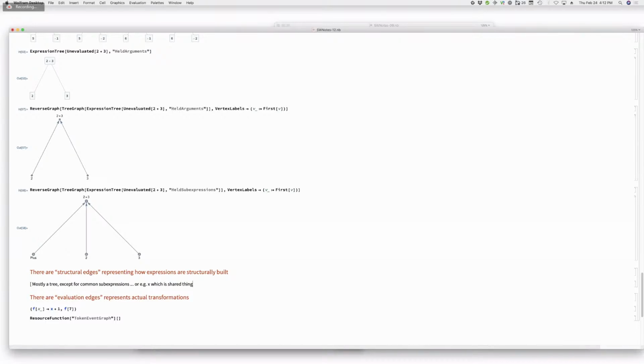In general, the 2 and the 3 would have been things that came from the evaluation of some other expression. So I don't know that the arrow is really pointing from a sub-expression into it so much as it's pointing from an evaluation.